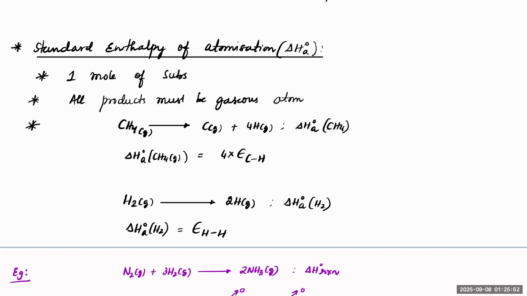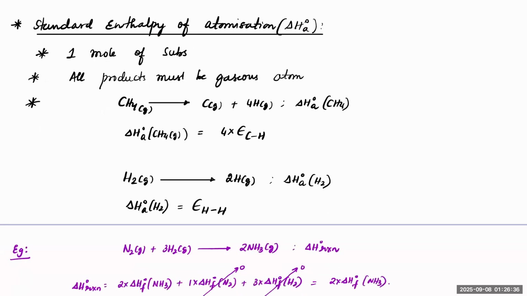So, for example, all the products must be in gaseous state, clear? So that means if I take CH4 as a gaseous molecule, you have to convert all of this into gaseous atoms now. So C gas, 4 hydrogen gas. Clear?